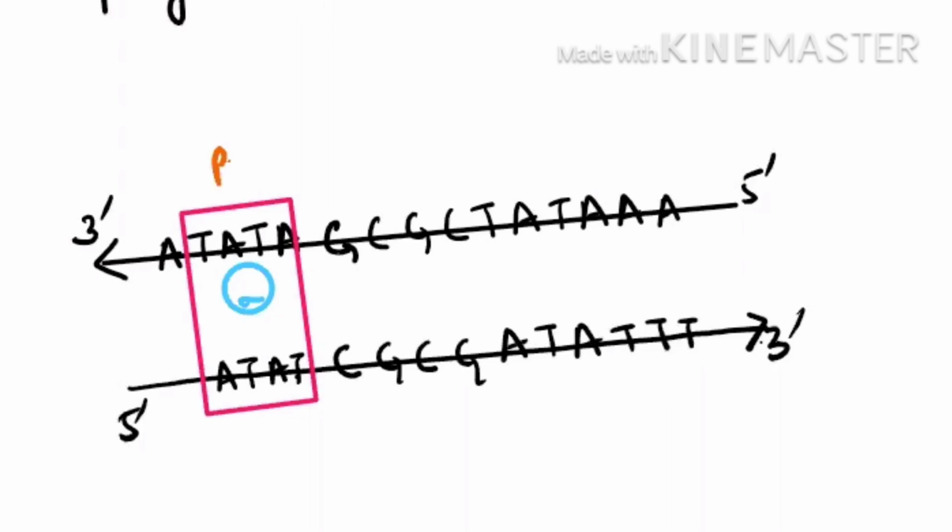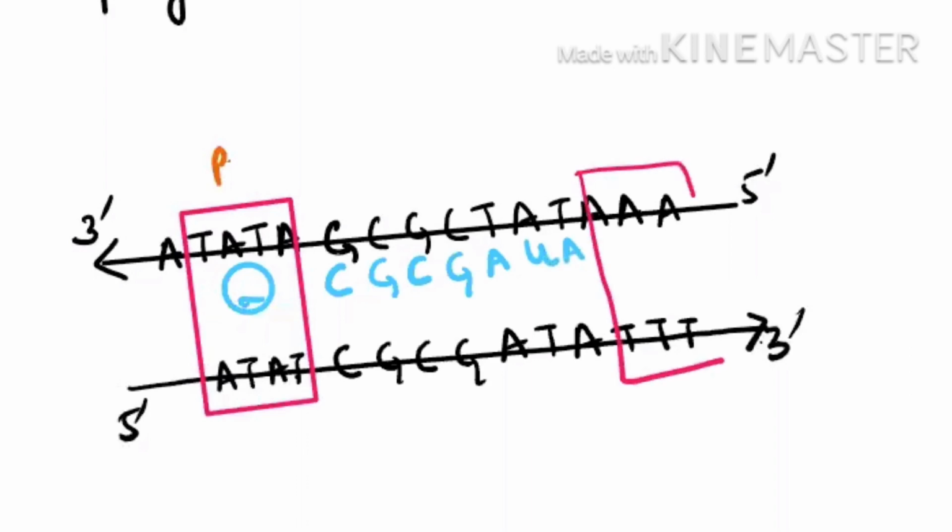In front of G, C; in front of C, G; then here C, then G, and A, and it does not have thymine, so it will put uracil, then A, and finally the RNA polymerase will stop because it has reached the terminator. So the terminator is identified with the poly A. We call it the terminator area. So RNA polymerase is identifying the terminator with the help of Rho factor.